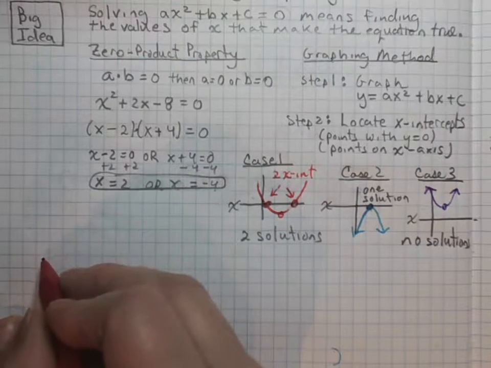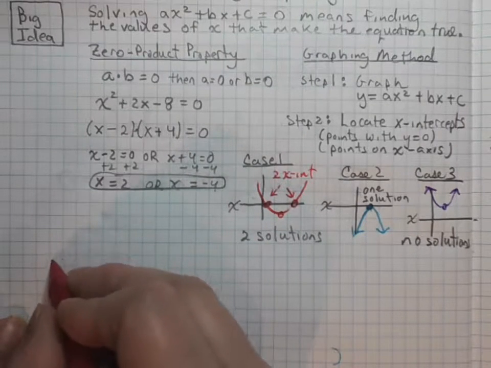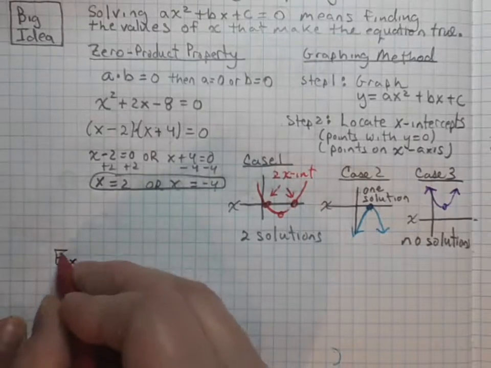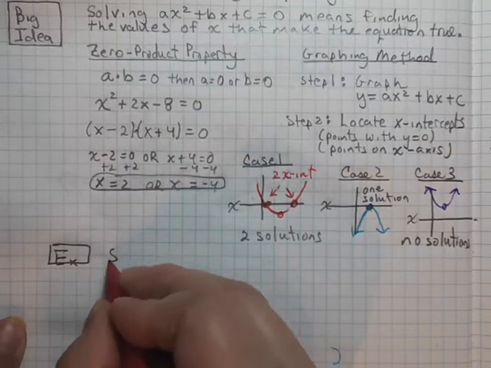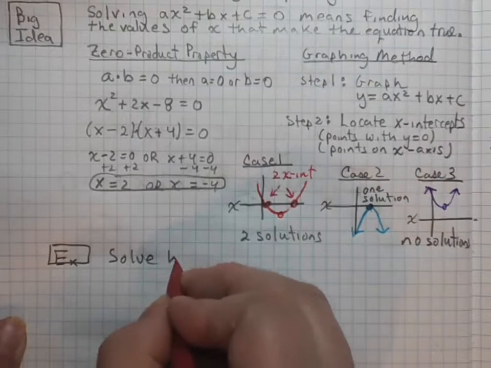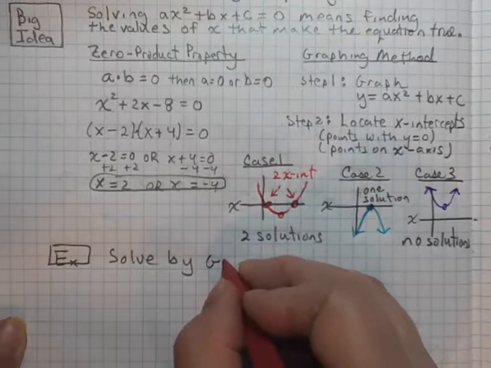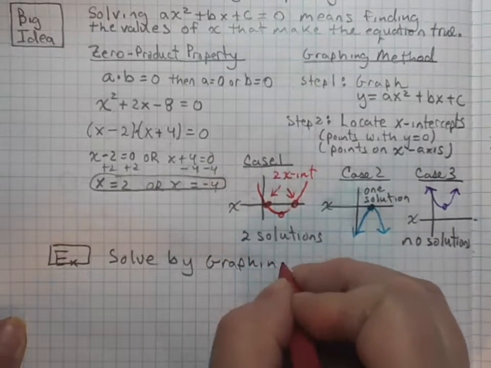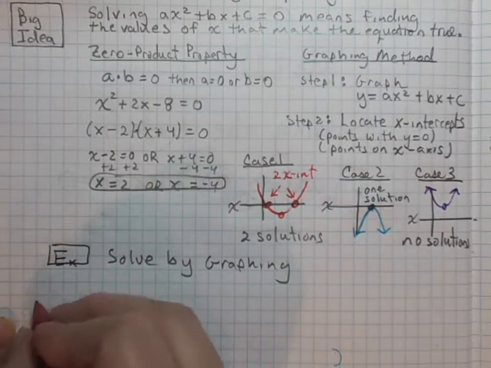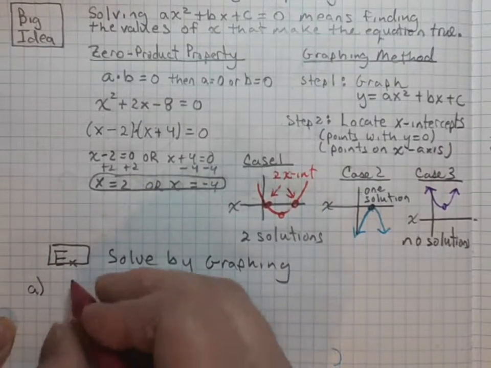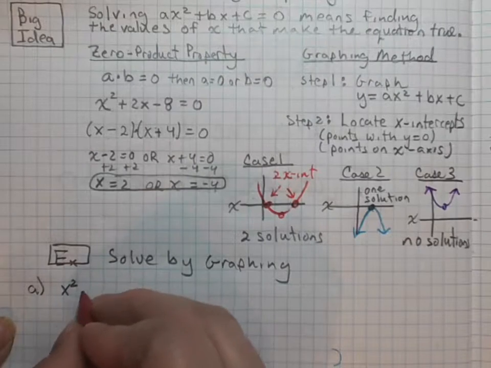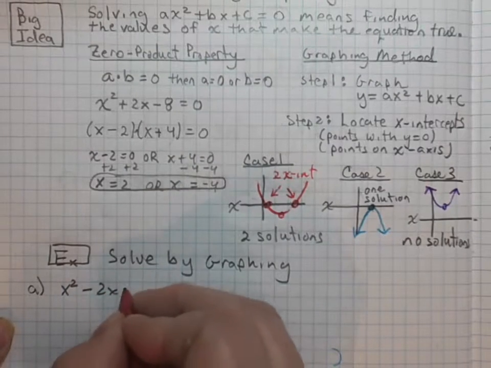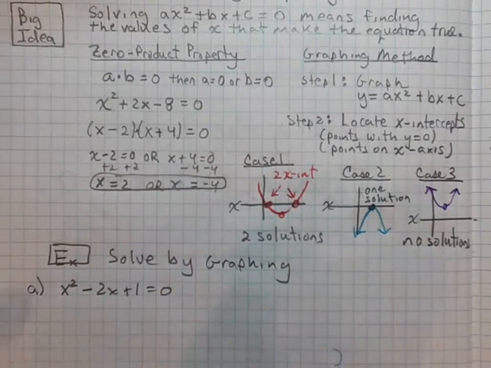All right, so our examples are solving by graphing. Okay, and our first example is the equation x squared minus 2x plus 1 equals 0.